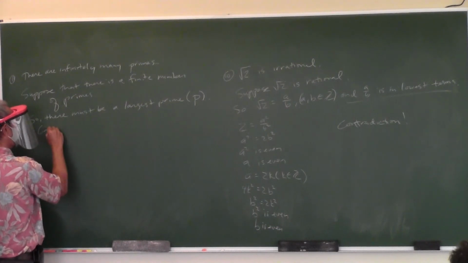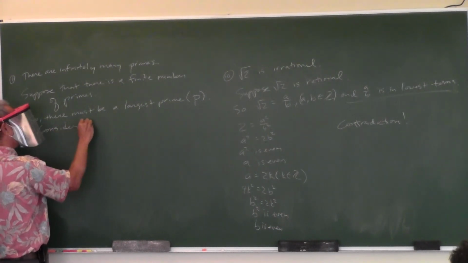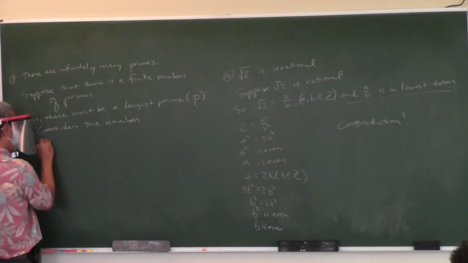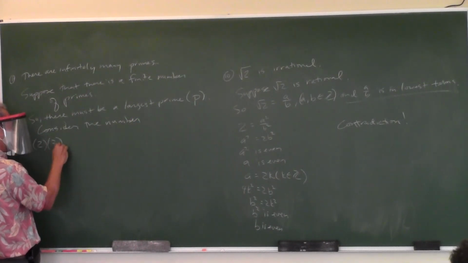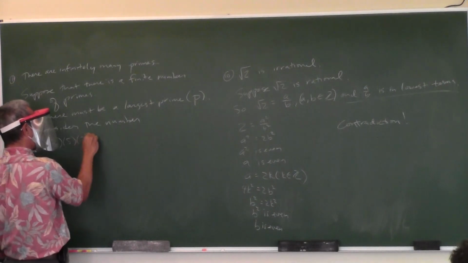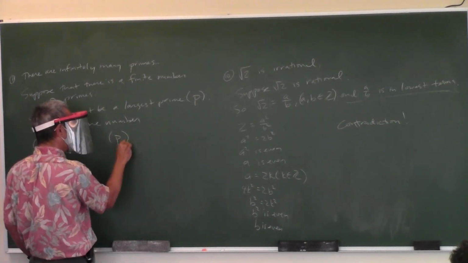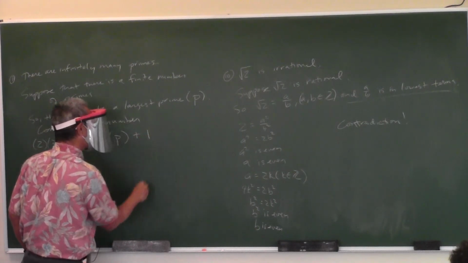Now consider this number. Consider the number 2 times 3 times 5 times 7. In other words, multiply all the prime numbers together, all the way up to P, and then add 1 to it.